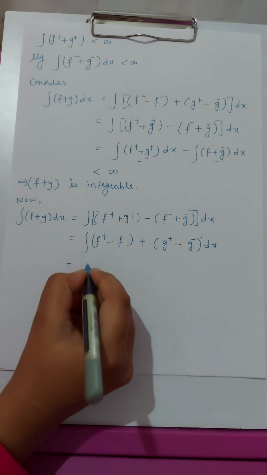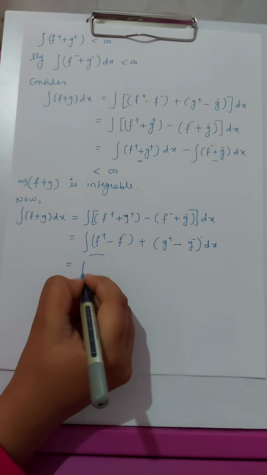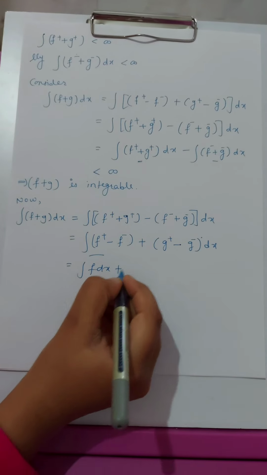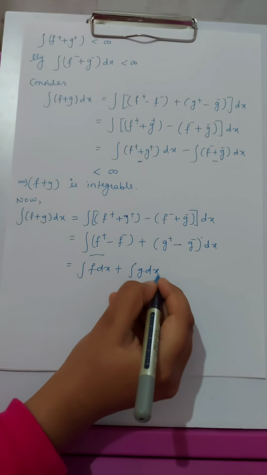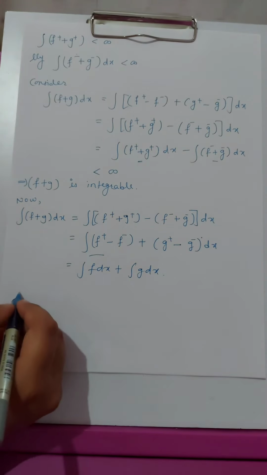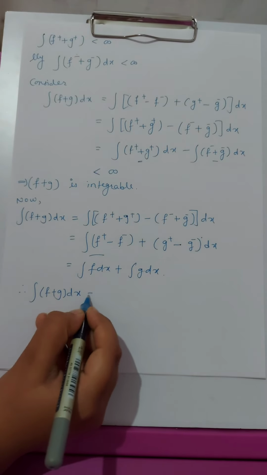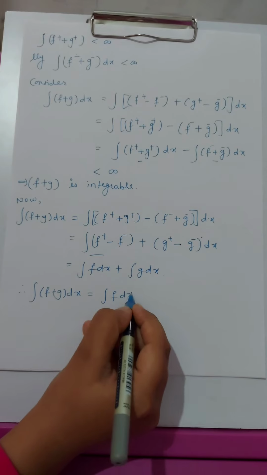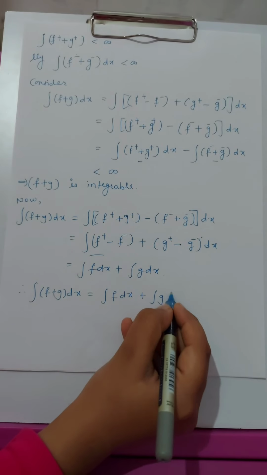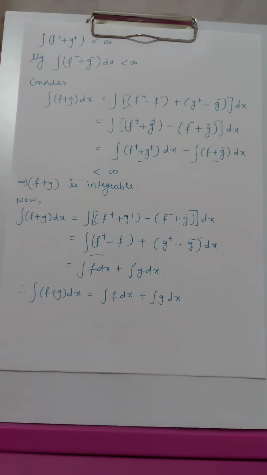So this implies that this is the integration of f dx plus the integration of g dx. Therefore the integration of f plus g dx is equal to the integration of f dx plus the integration of g dx. So the second condition is proved here.